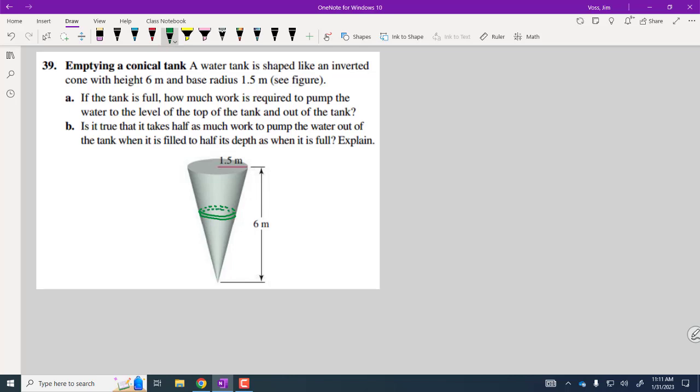And we're going to say that this is at a height of y. What does that immediately tell us about this distance if we're pumping out the top? 6 minus y. Oh, 6 minus y. Right, because the full distance is 6. This height here is y, so this complementary distance is going to be 6 minus y.